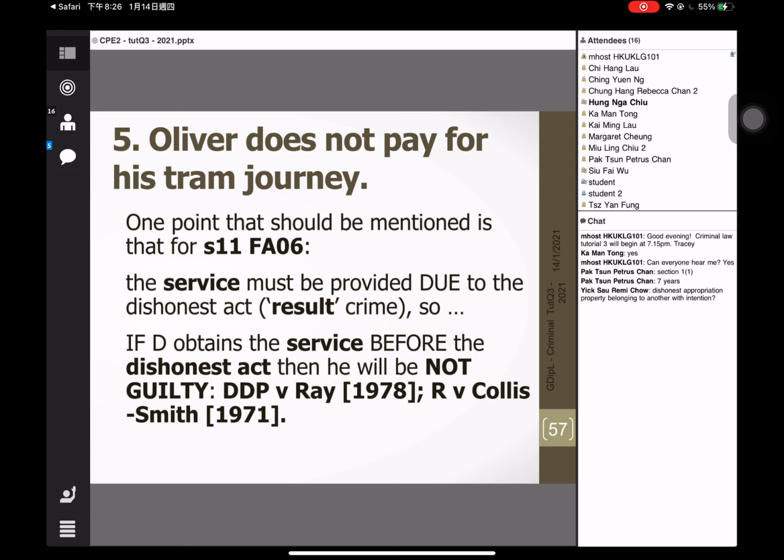So there are these older cases of DPP v Ray and Collis Smith, old cases that were dealing with obtaining property by deception, that suggested that if there was no causal link, then it could not be a result crime.